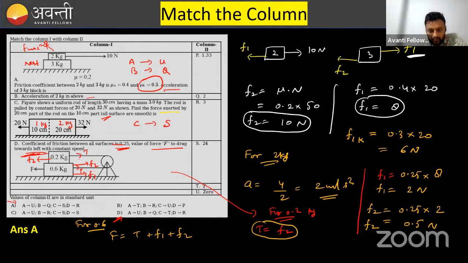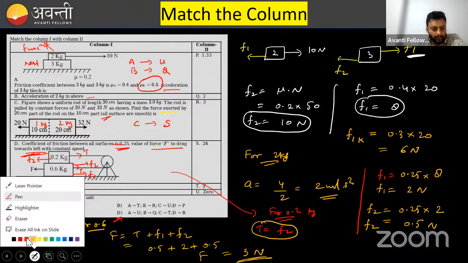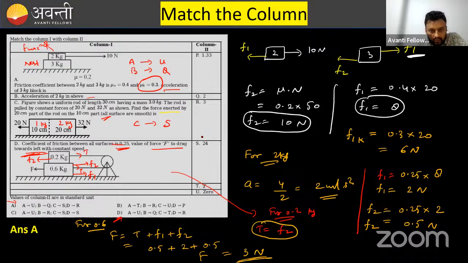T की वैल्यू है F2. Put the values. F2 means 0.5 plus F1 means 2 plus F2 means 0.5. 2 plus 1, that is 3. So F is coming out to be 3 Newton. 3 Newton. Which option?